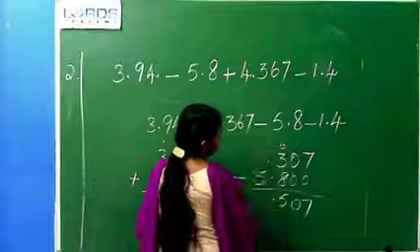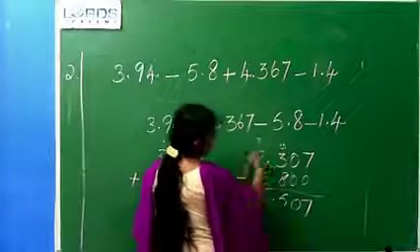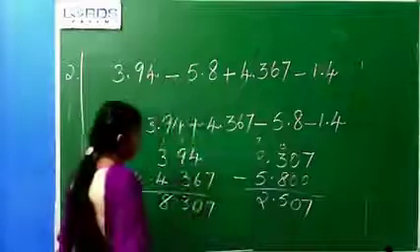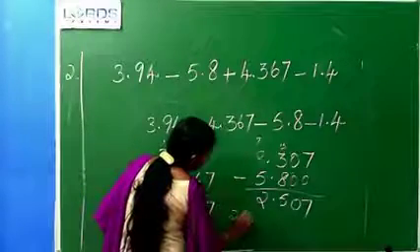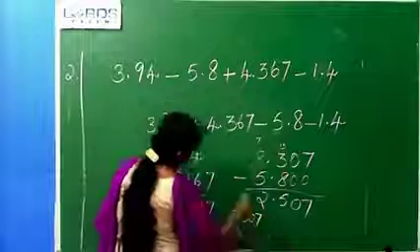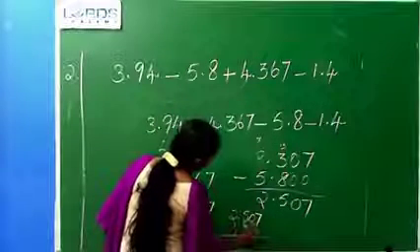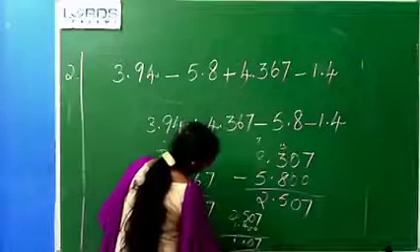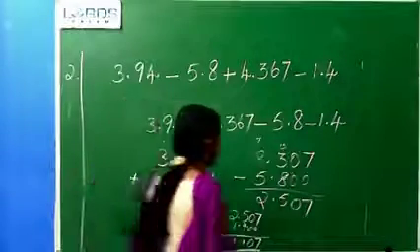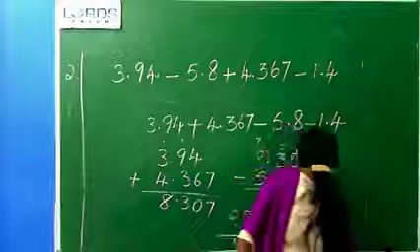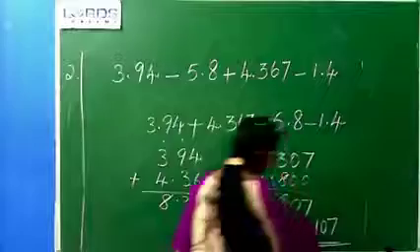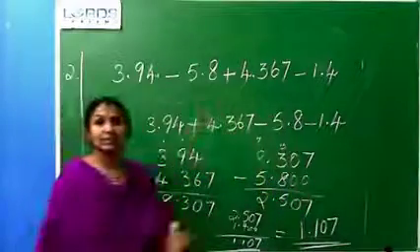This 13 here and then this becomes 7. 2.507. Now from this 2.507 we are subtracting 1.4. 7, 0, 1, 1. So we got the answer as 1.107. I hope this one is clear to you.